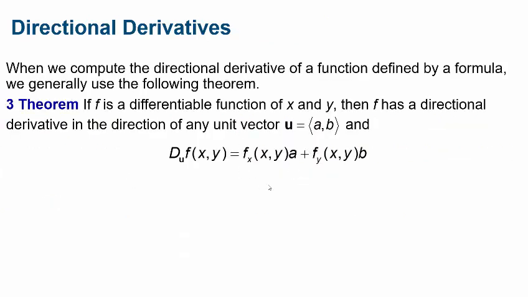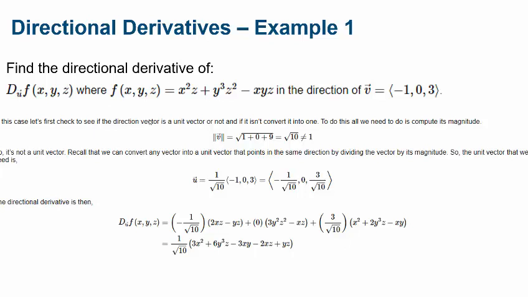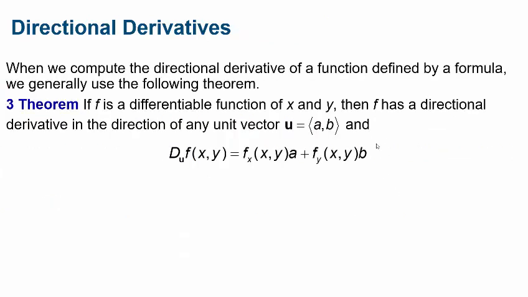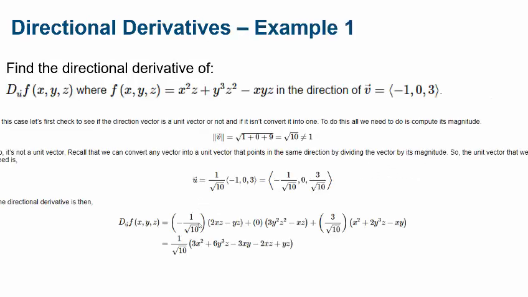Then the directional derivative is just the following, and we're just going to follow this formula. The only difference is this problem is in three variables, so we need plus the partial derivative of f with respect to z times c. We take the a component and multiply by the partial derivative with respect to x, which gives the following.